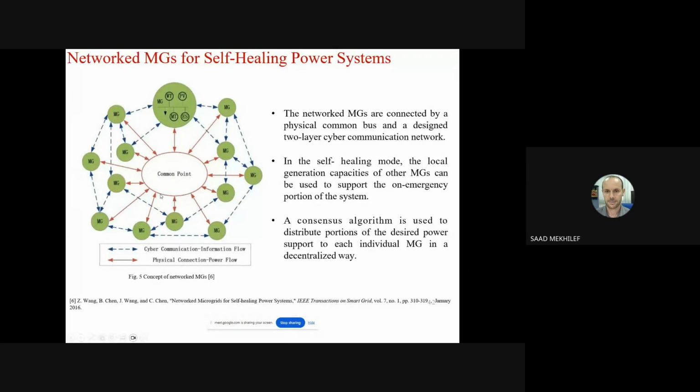This is what we call a networked microgrid. We have one common point, and they are connected, so they can exchange. You can call it a networked microgrid. It is also a hybrid microgrid, because they can exchange the power anyway, since they have the bidirectional converter. So during the energy management strategy, when you do the energy management, you can exchange the power.